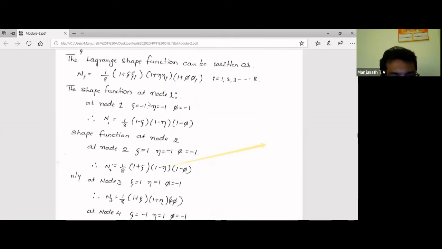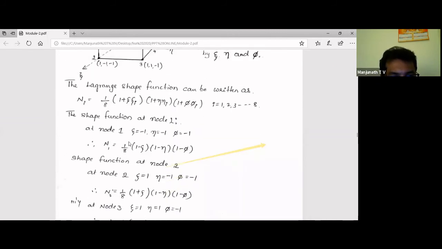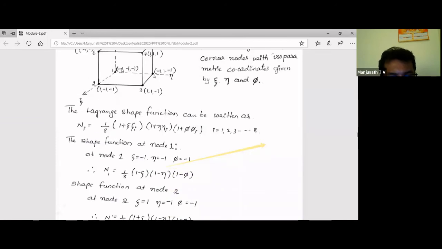Consider the first node. At the first node, the zeta value is -1, the neta value is -1, and the psi value is -1. Just substitute these values for I equal to 1, because at node number 1 we are going to obtain the shape function. So zeta I becomes zeta 1, neta I becomes neta 1, and psi I becomes psi 1.